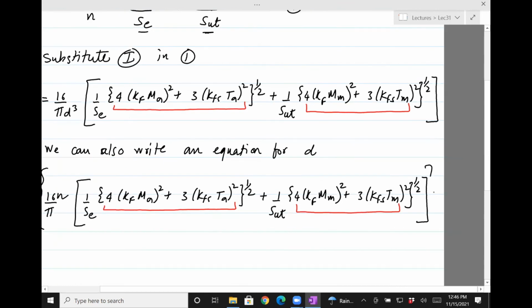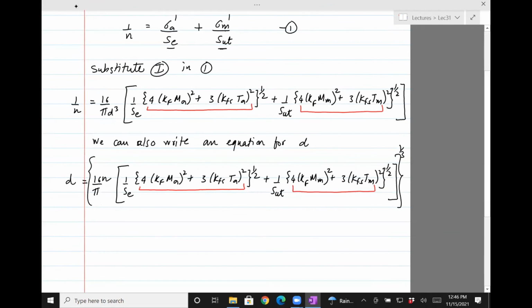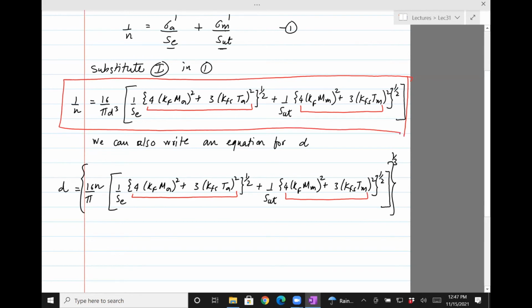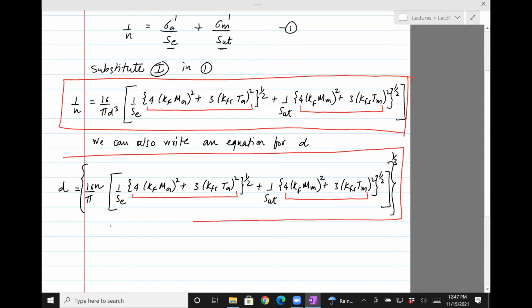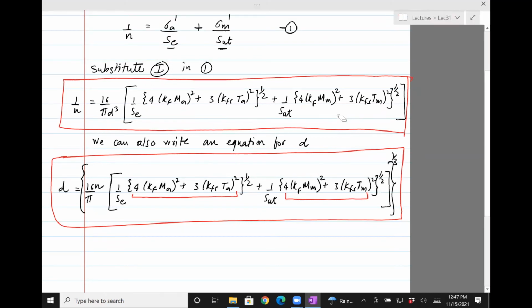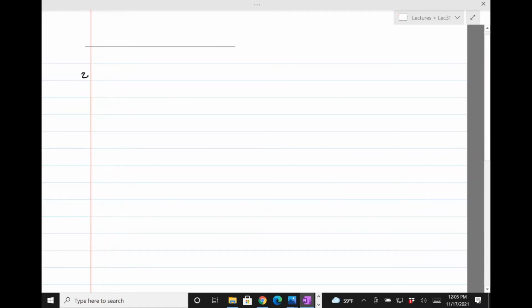Let's put this big bracket to the power of 1/3. And then we'll see a problem where we get everything together.